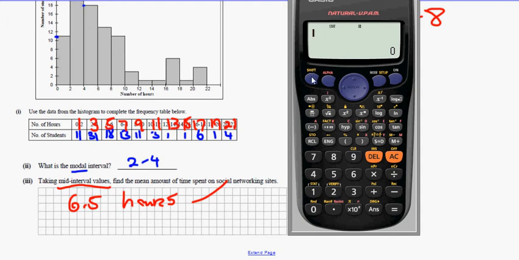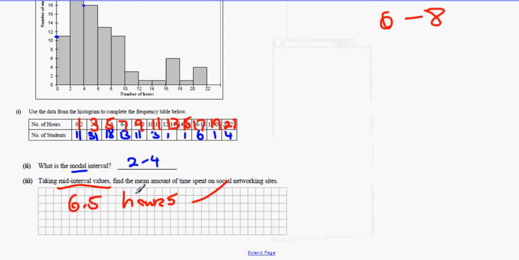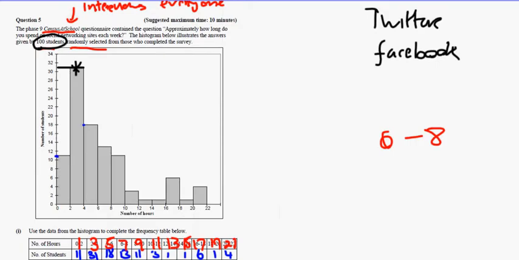Shift is the yellow one. Shift, stat mode. Variables, number 4. Which one of these is the main? 2. Equals 6.5. 6.5 hours is the mean. Is everybody happy with that? Okay. Next question, next part.